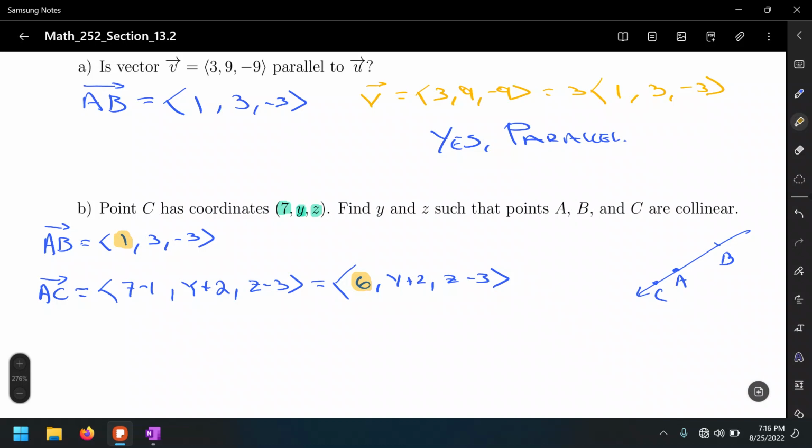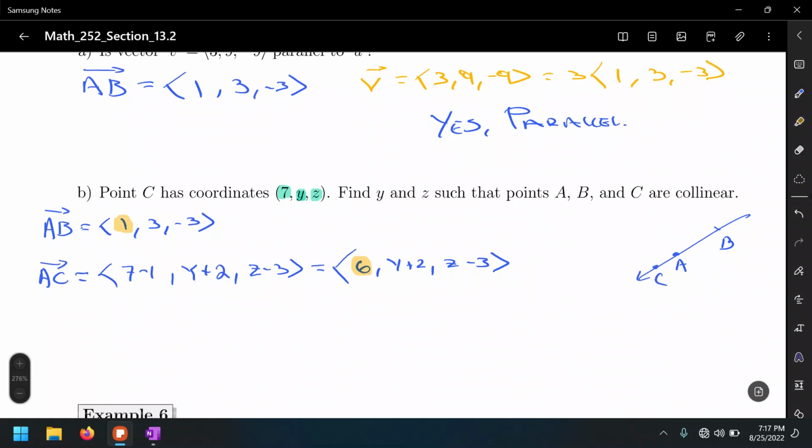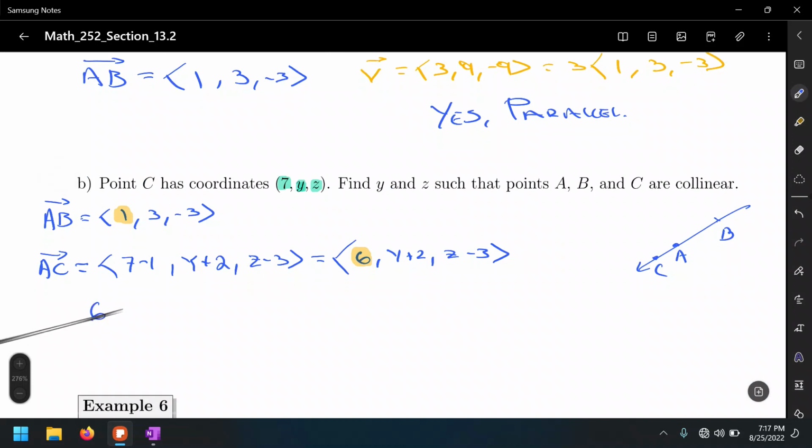How many times is this potential vector bigger than the first vector we described? 6 times. So that's what I'm going to write here: 6 times the vector AB, that's 6 times 1, 3, -3, which is 6, 18, -18.